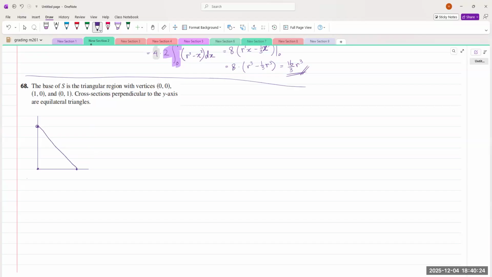The cross section perpendicular to the y-axis will be an equilateral triangle. So if I pull that typical line out, I will get an equilateral triangle.